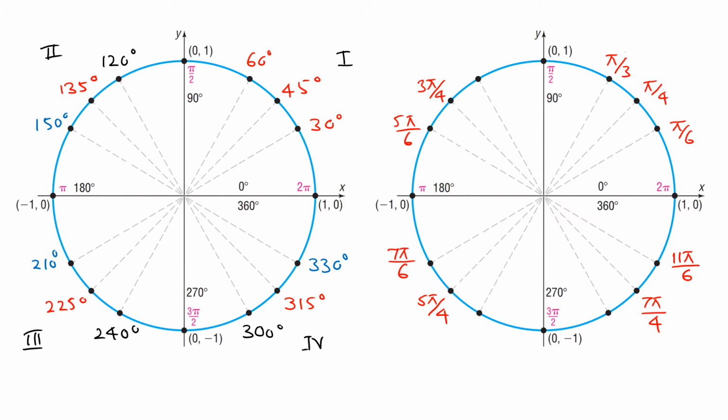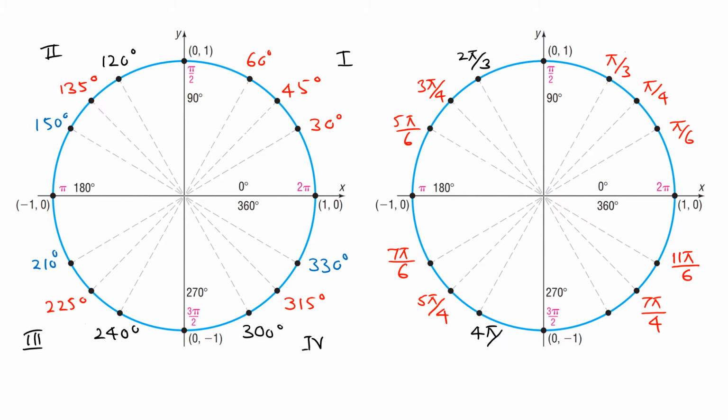And then we can do multiples of pi over 3. So we have pi over 3, and if you subtract pi over 3 from pi, you're going to get 2 pi over 3. And on this side, it is pi plus pi over 3, so that means you get 4 pi over 3.